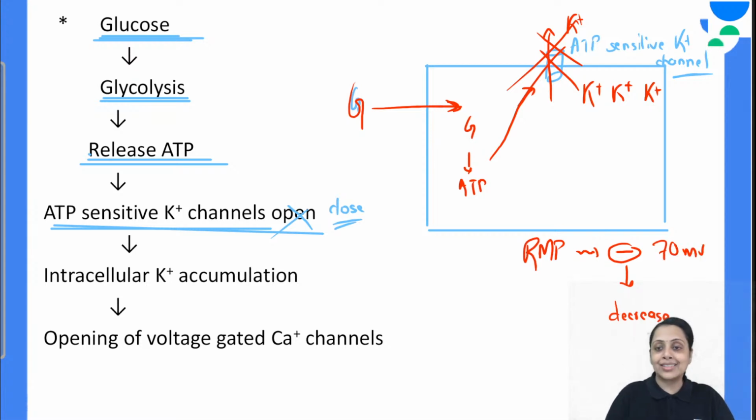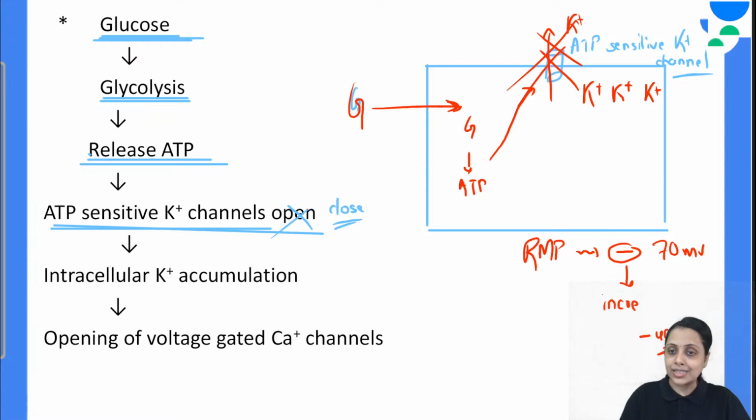And when it rises to minus 40 millivolt, okay, the membrane potential increases, sorry, negativity decreases, but the membrane potential obviously increases. So when it increases to minus 40 millivolt, the voltage gated calcium channel opens up.